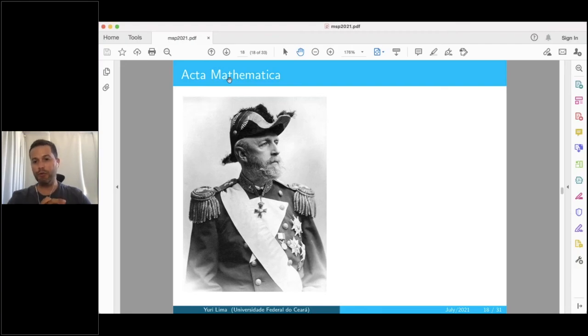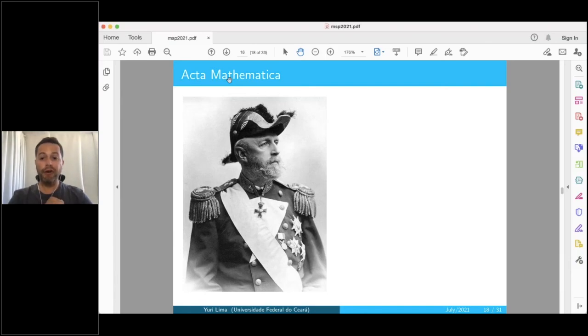He was a king of Sweden by that time, and he was friends with and advised by a mathematician and physicist called Mittag-Leffler. Mittag-Leffler suggested to Oscar II to create this new journal in mathematics to try to foster science in Sweden. Oscar II accepted this idea, so he paid for the creation of this new journal, and the journal was created.